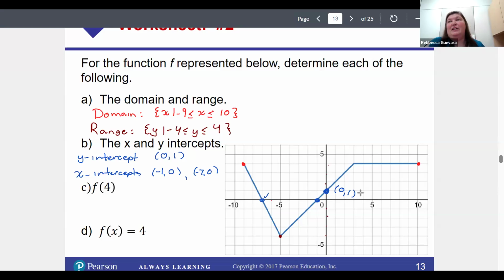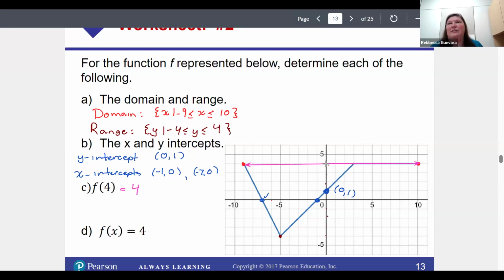So f of 4 means that we're looking where x is 4. And when x is 4, we see that y is 4. However, when y is 4, we have a range of values here. If you had said, well, if y is 4, you just gave me 1 point, you're partly correct.